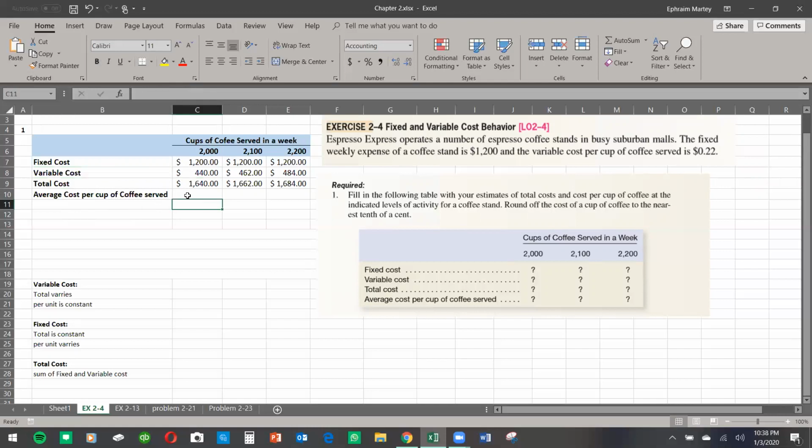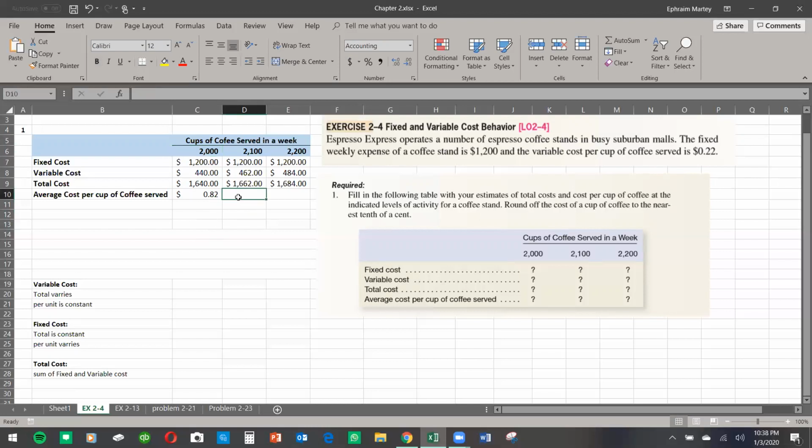But here we are finding the average total cost. So we select the total cost divided by the number of cups served in a week. The average cost per cup of coffee served is 0.82 for 2,000 cups served.